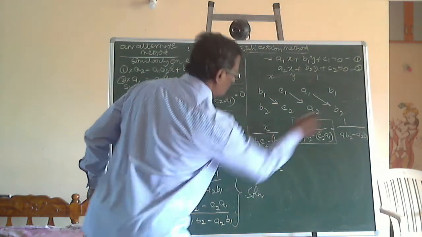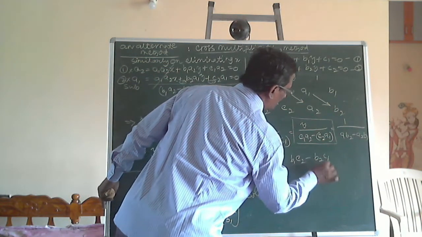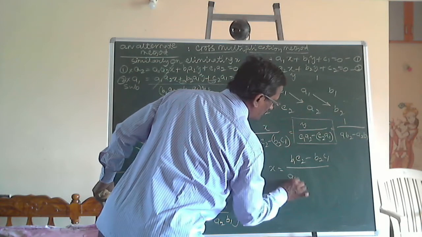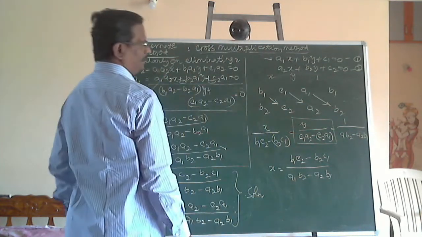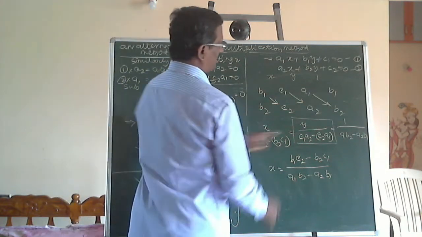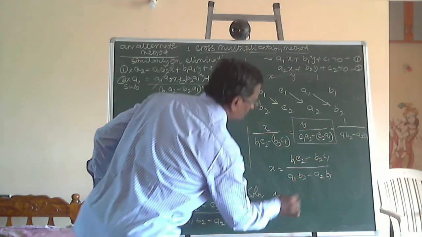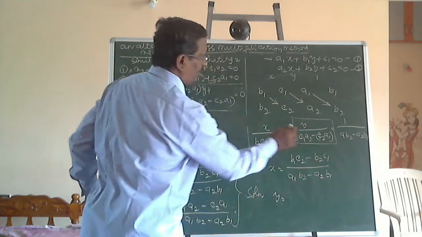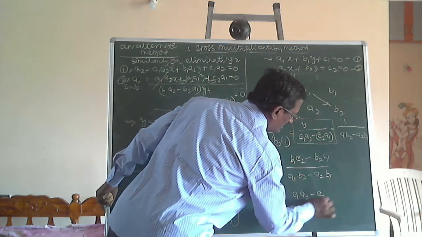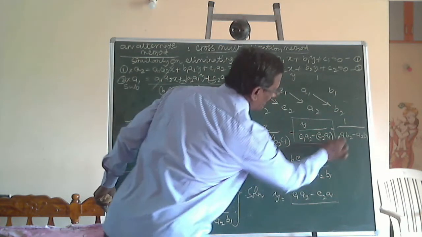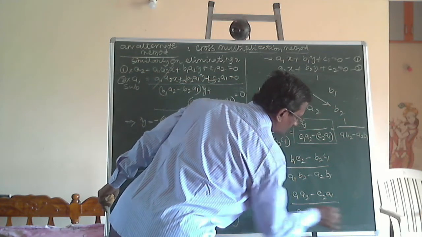Now, suppose you do cross multiplication between this first term and last term, x is equal to b1 c2 minus b2 c1 by a1 b2 minus a2 b1. If you do cross multiplication between this y term and this constant, then y is equal to c1 a2 minus c2 a1 by a1 b2 minus a2 b1.